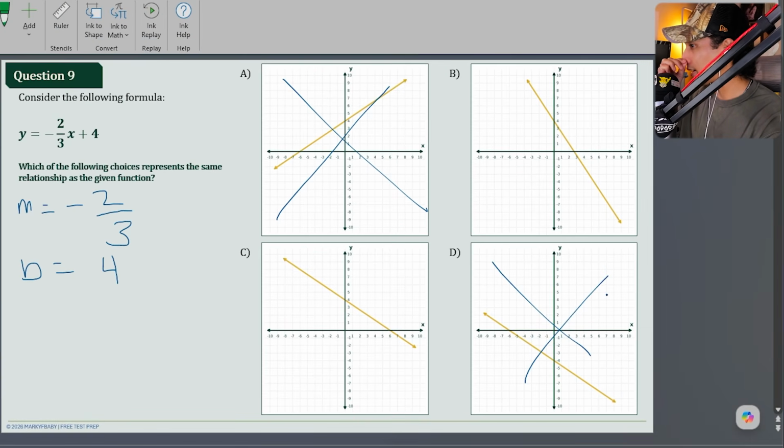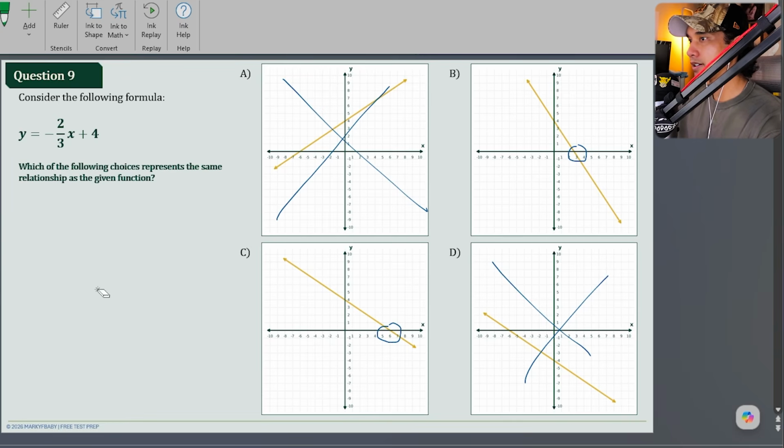So let's go ahead and check out these ones right here. Okay? There's a couple of ways we can go at this. The first way, we could find out where the line crosses the x-axis, okay? So in order to do that, we're going to set y to 0, okay?